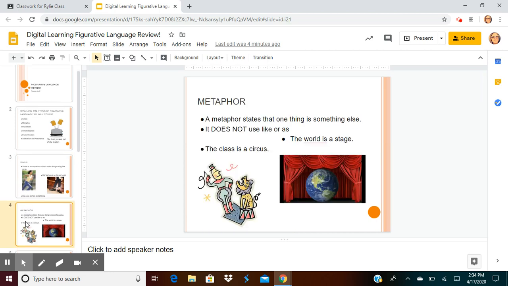All right. Metaphor. A metaphor states that one thing is something else. It does not use like or as. It says one thing is something else. So the world is a stage, the class is a circus. Okay, we're comparing the class to a circus and the world to a stage.